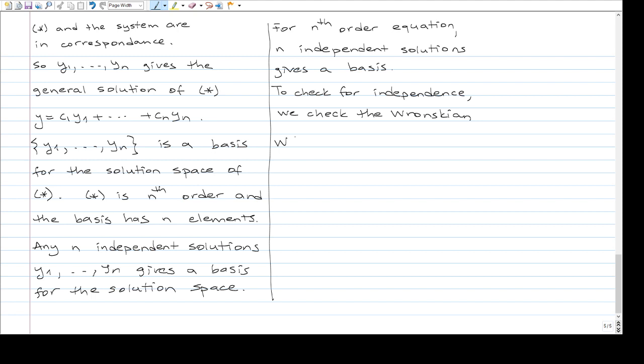So the Wronskian of n functions, y1 up to yn, is going to be an n by n determinant. In the first row, you write the functions. In the second row, you write the derivatives, and second derivatives, third derivatives, up to n minus first derivatives.